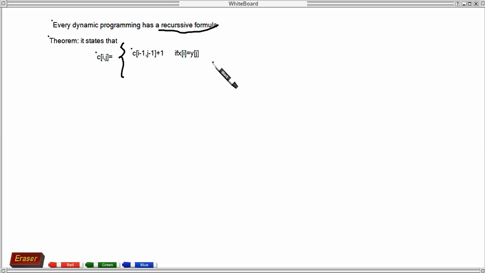Understand? But otherwise, what will happen? Otherwise, it will be the maximum of C[i-1][j] and C[i][j-1]. This is the formula.